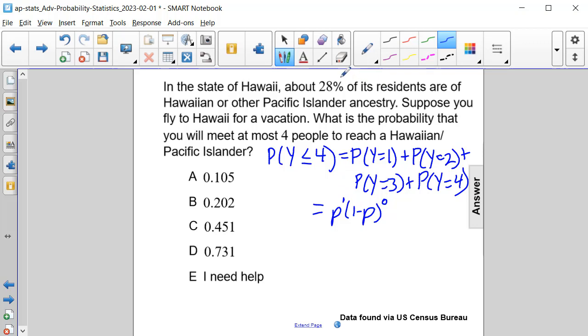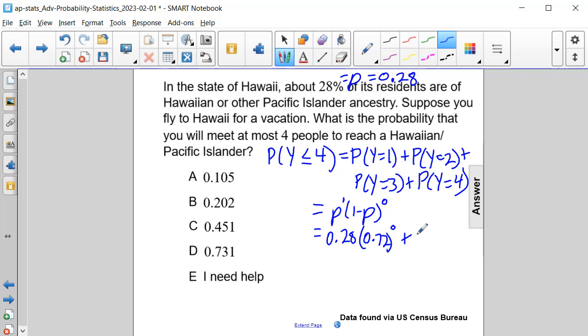And our p-value is the 28%, or 28 hundredths. So we have 28 hundredths times 1 minus 28 hundredths is 72 hundredths, and that's to the 0, plus the probability that y is 2.